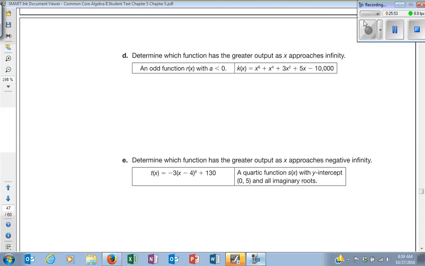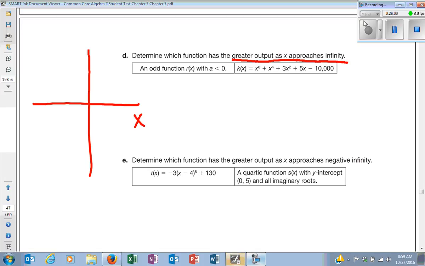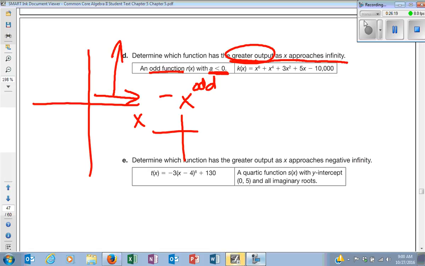Alright, so for this guy, which one has a greater output as x approaches infinity? That means as x approaches infinity, as this thing is going to the right, which one has a greater output? Greater outputs are going to be positive numbers. So I'm looking at end behavior here. This is an odd function, and my a is less than 0. That means I have a negative x and an odd power. If I have that, I know it starts up and ends down.